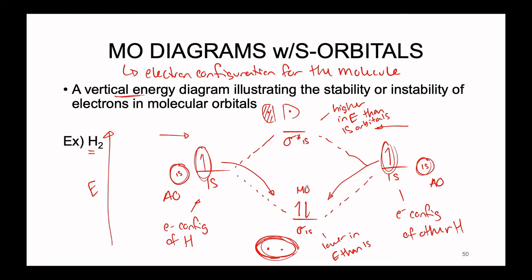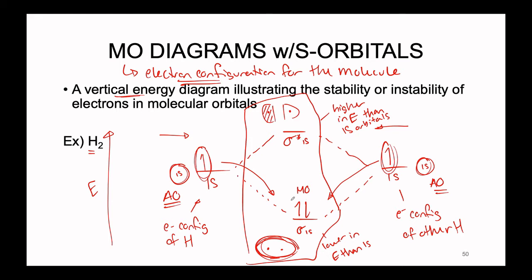Okay, so this is the diagram representing the combination of the two atomic orbitals on the far left and right, and the molecular orbital diagram itself is what is represented here in the center. So this represents the electron configuration for the molecule.